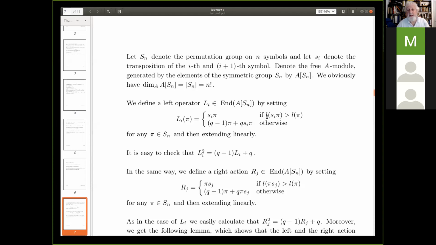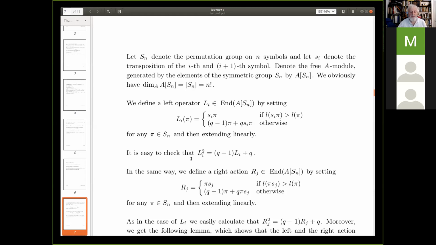In other words, if the length of Si times pi is bigger than the length of pi. If it isn't, then we change the definition to this, okay? And now we've defined Li on the permutations, and then we extend it linearly to an endomorphism of ASn.